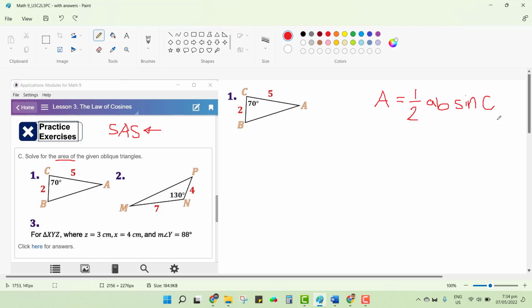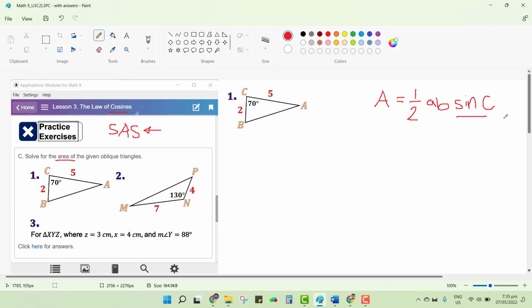Also, please do not be confused as to the label of this lesson being law of cosines, and why it is that the trigonometric function used in solving the area is sine. This formula has a correct and exact derivation. I'm going to provide a separate video for that if you would like.